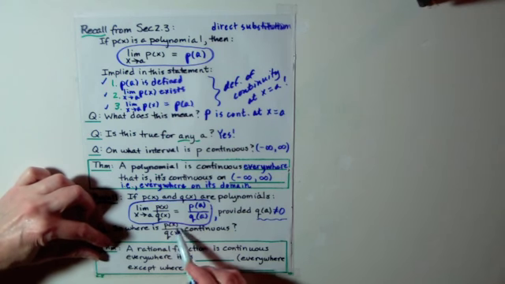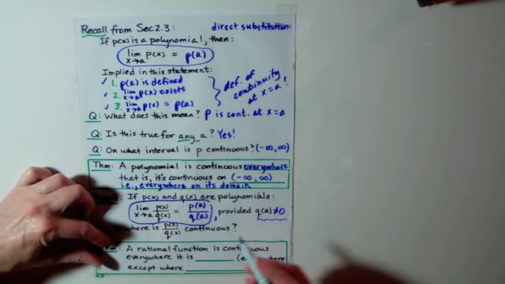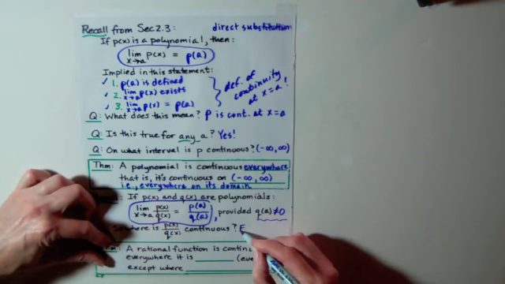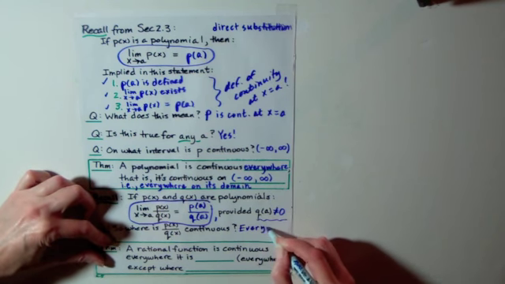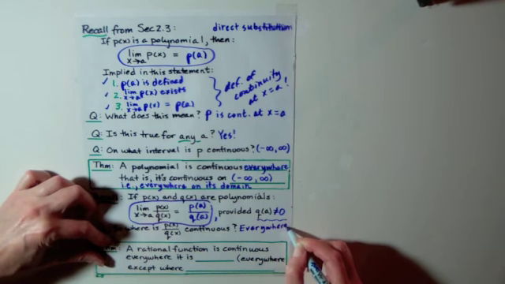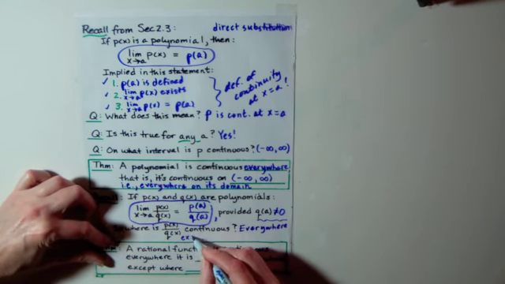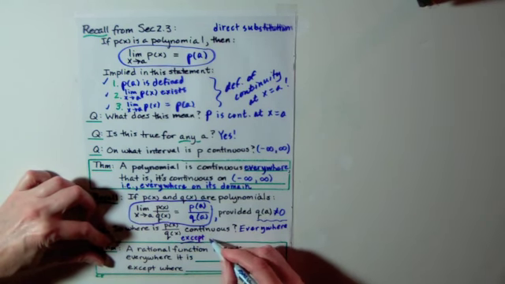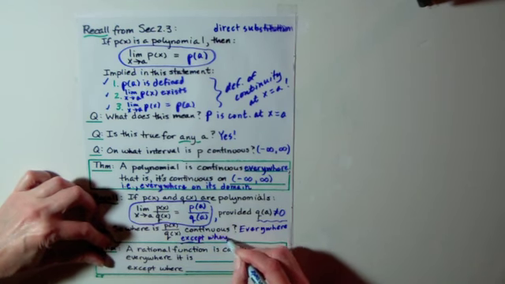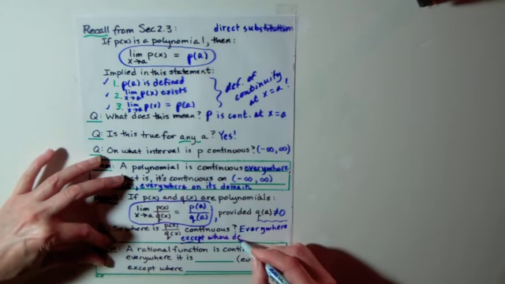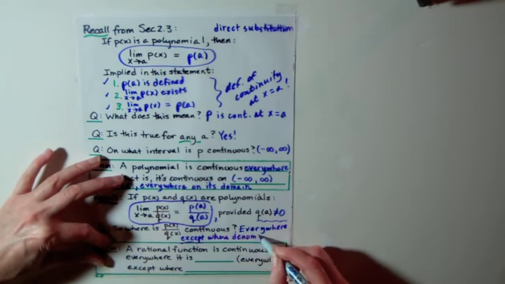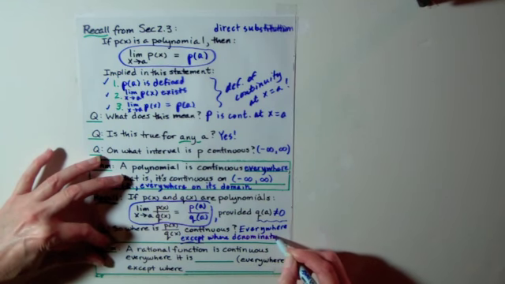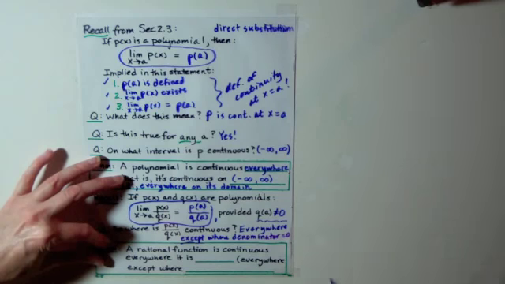So we could say p of x over q of x is continuous everywhere except values of x where q of a, or we could say in general where the denominator equals 0, and at those values the function will be discontinuous.